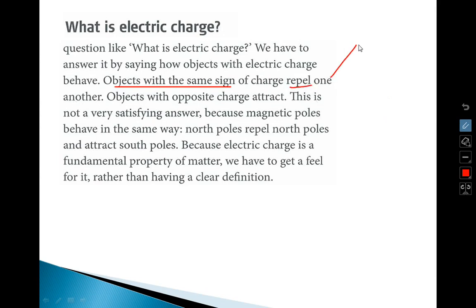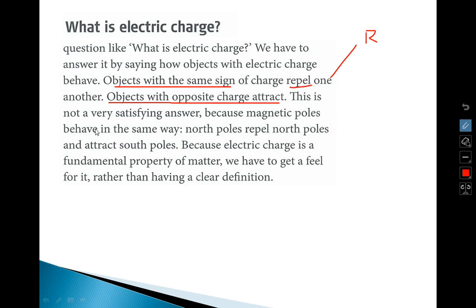There is a force of repulsion here. On the other hand, objects with opposite charges attract. For example, positive and minus attract each other. So there is a force of attraction.